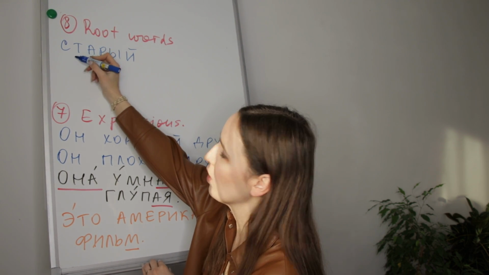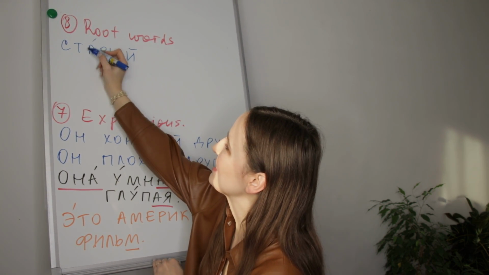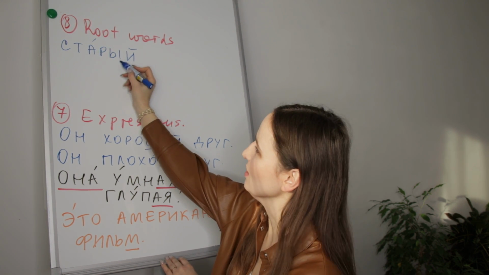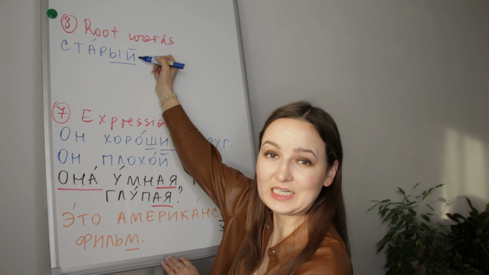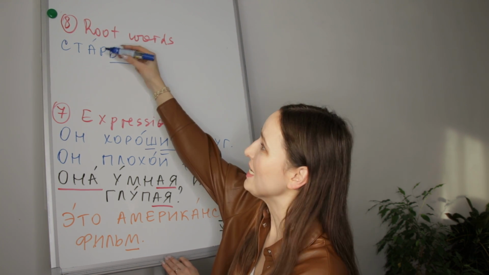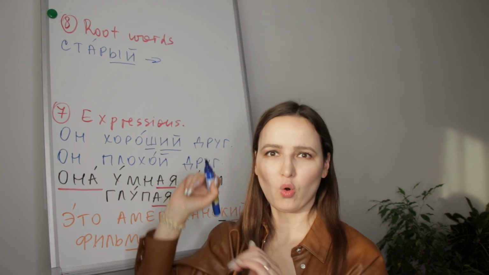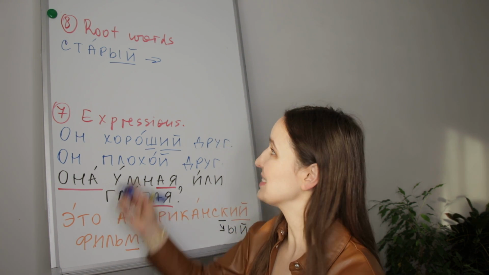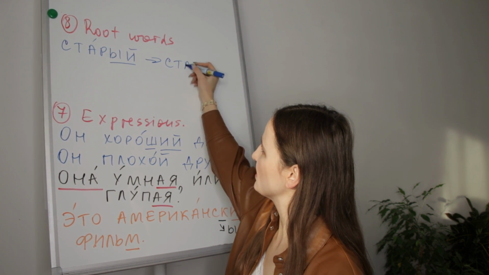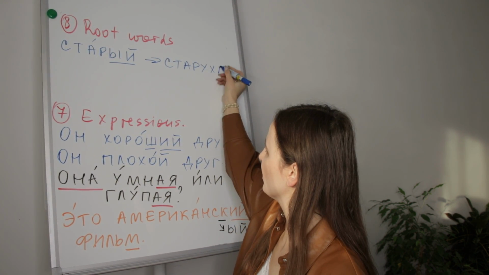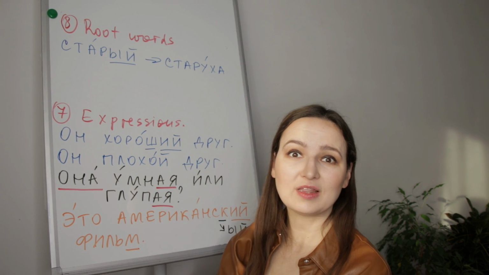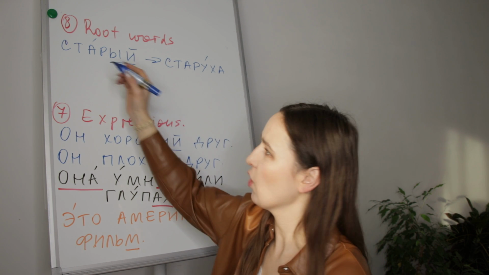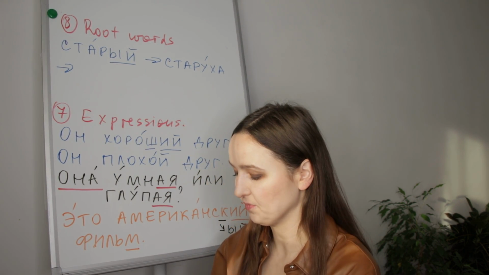Старый. You learned this word in our previous lessons. Старый. Old. And here старый is in masculine. We can see that by its ending. Ый is the ending for masculine. A word with the same root is старуха, old lady, old woman.